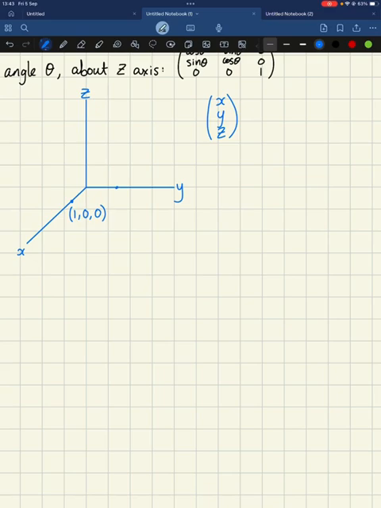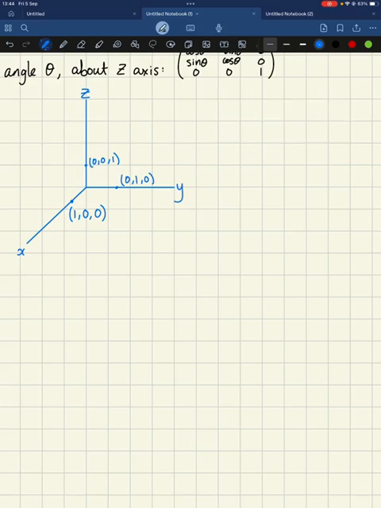On the y-axis we'll have 0, 1, 0, and on the z-axis we'll have 0, 0, 1. And this will be represented as 1, 0, 0, 0, 1, 0, 0, 0, 1, and this is the 3D or 3x3 identity matrix.